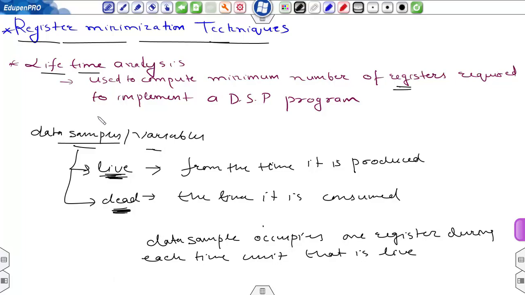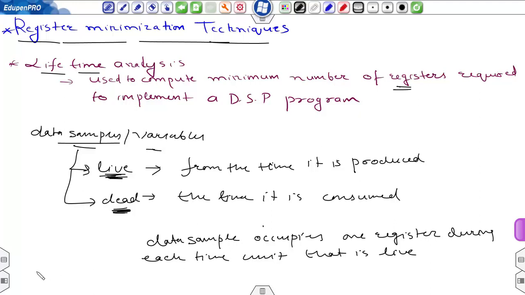Okay, so during its entire life cycle it will be in one of the registers present in the system. So one register for one data sample at any given time.